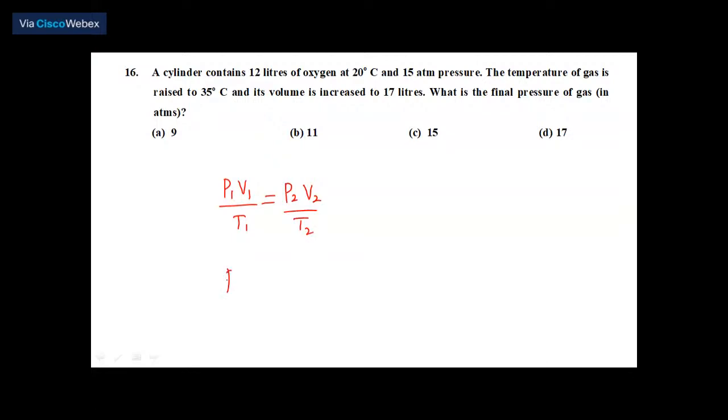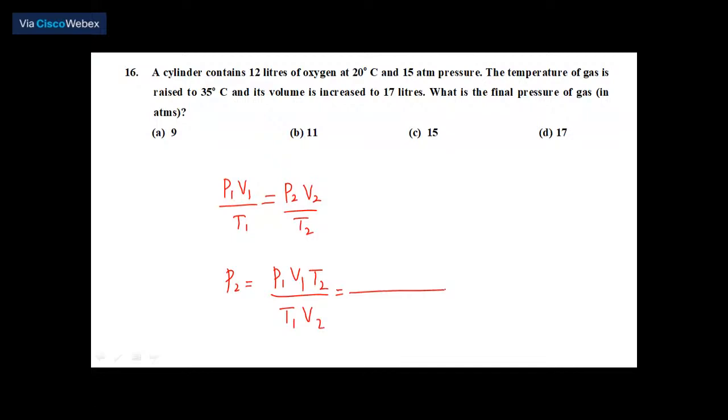Cross multiplying, we get P2 is equal to P1 V1 into T2 divided by T1 into V2. Now that you know the values of P1, V1, T2, T1 and V2.